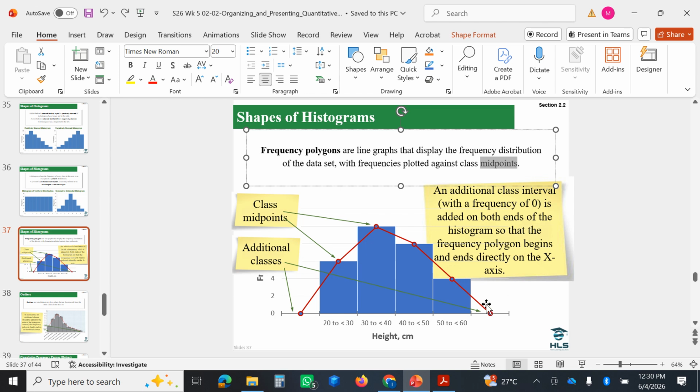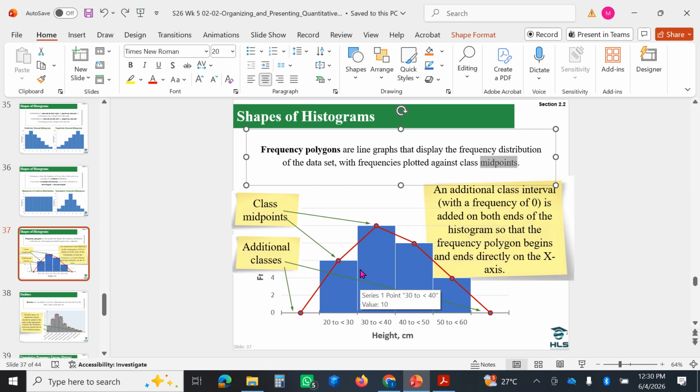That's what we call a frequency polygon, and it gives you another idea of what the graph looks like. So basically you have two graphs in one, whichever way you want to look at it. This is a nice visual which tends to back up what the histogram is saying.